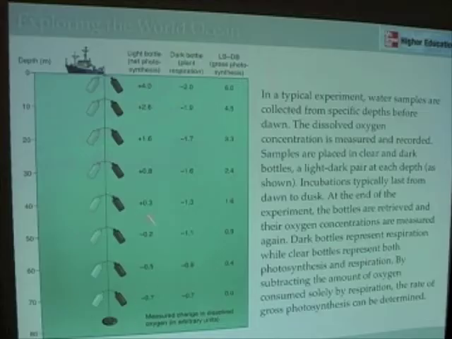But in these bottles, oxygen was being consumed faster than it was being produced. Let's look at rates of respiration. Here we have minus 2, minus 1.9, minus 1.7, minus 1.6, minus 1.3, minus 1.1, minus 0.9, and minus 0.7.